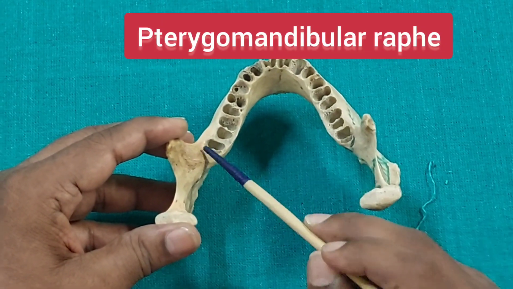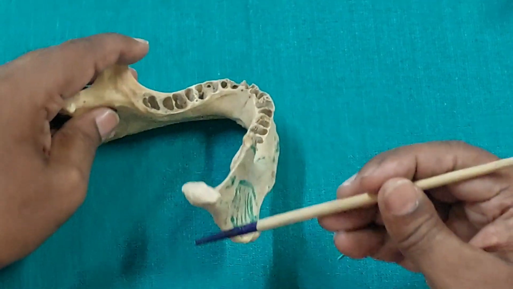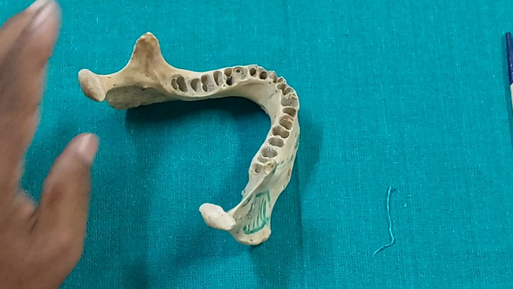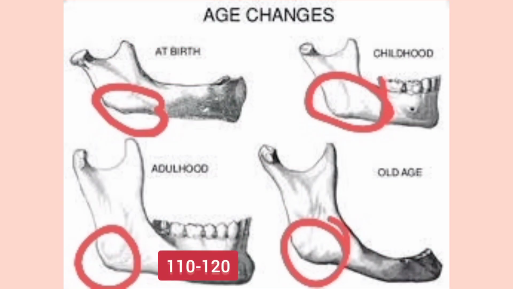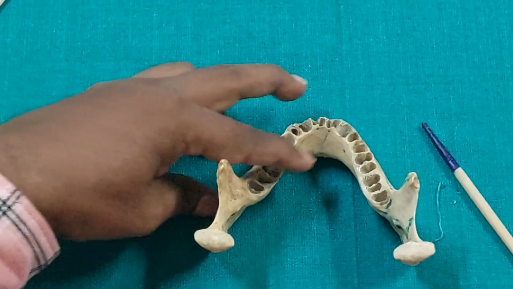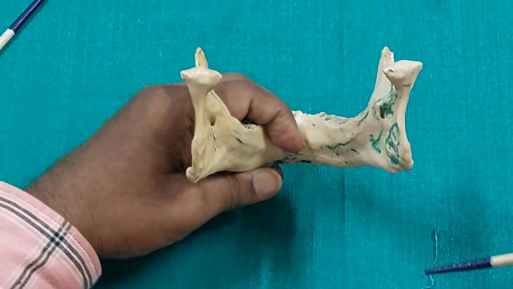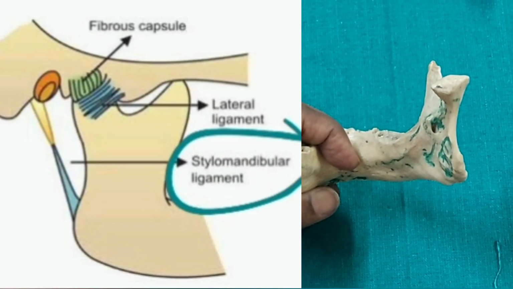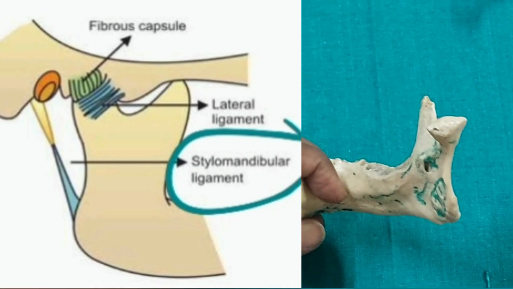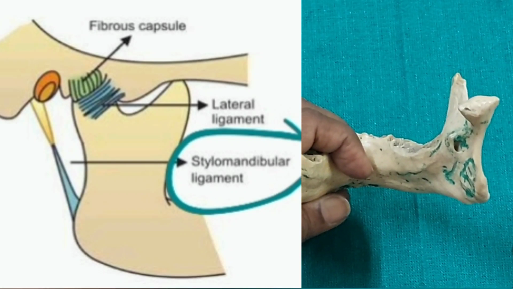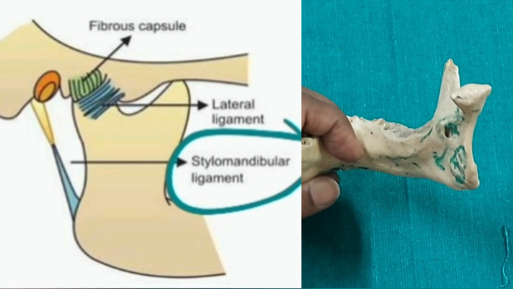This angle is usually 110 to 120 degrees in adults, but in newborns and in old age, it is about 140 degrees. Which ligament is attached to the angle here? One ligament is attached, the stylomandibular ligament, the upper end of which is attached to the styloid process of the temporal bone.